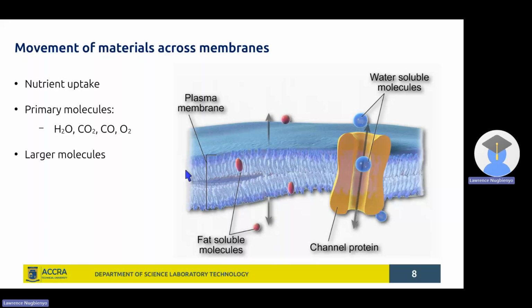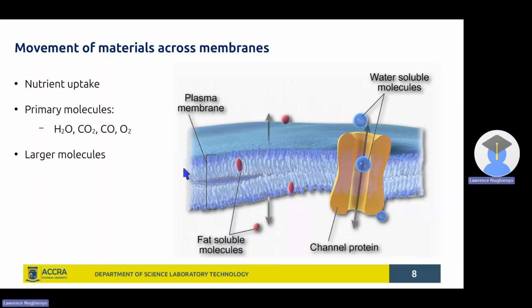Now, that barrier of the small intestine with those villi, of course, they are made up of cells. And you have some membrane structure through which you have the uptake of these nutrients into the bloodstream.